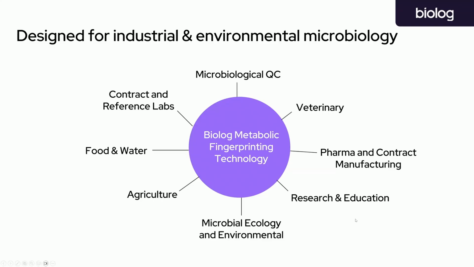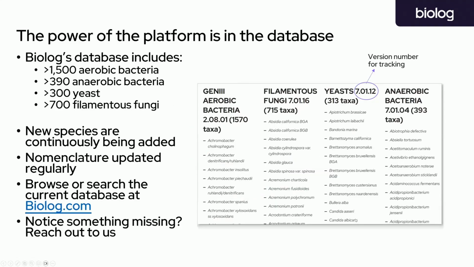And really, it's not just the sheer number of organisms in the database. It's really more about the relevance of those organisms to the application you're using it for. But we do have quite a large database. As you can see, there's over 1,500 aerobic bacteria, almost 400 different anaerobes, over 300 yeasts, and then notably over 700 molds or filamentous fungi.